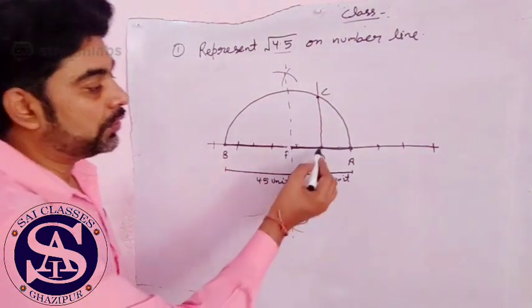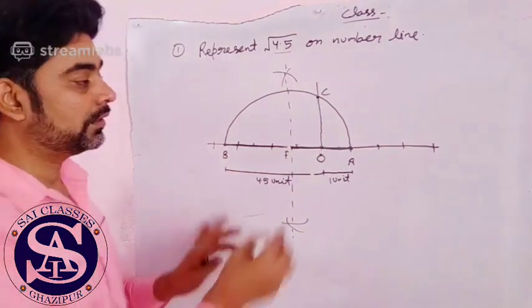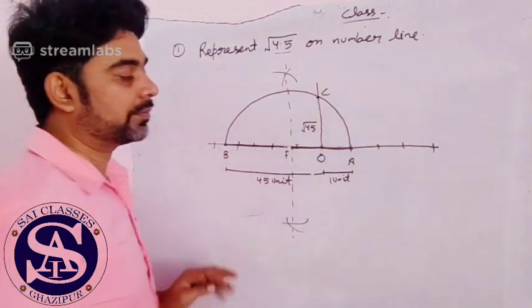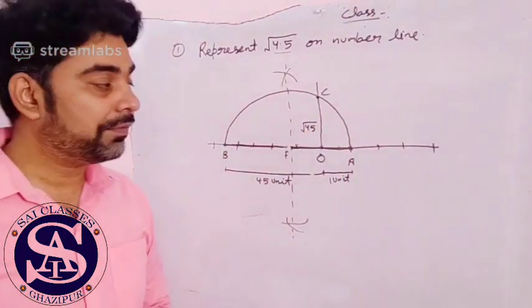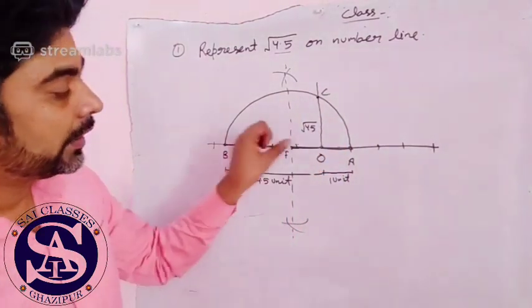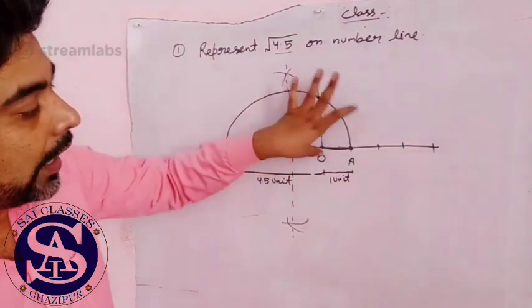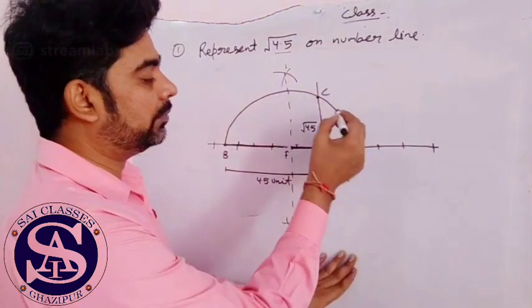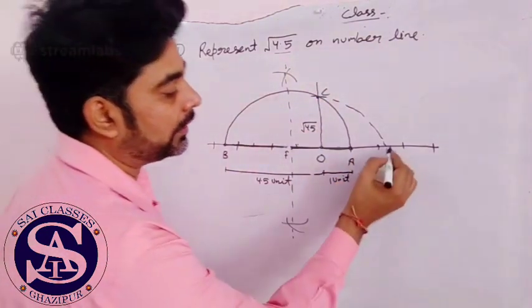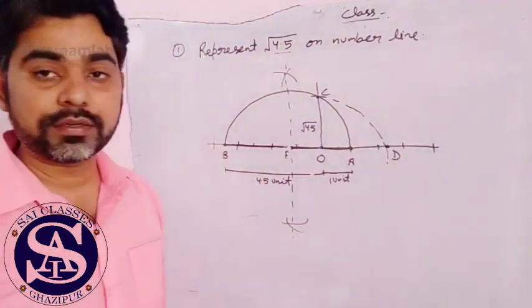C. So the OC is nothing but square root 4.5. This OC is square root 4.5. Now, taking O as center and OC as radius, draw an arc which cuts the number line, let's say at point D. Right?